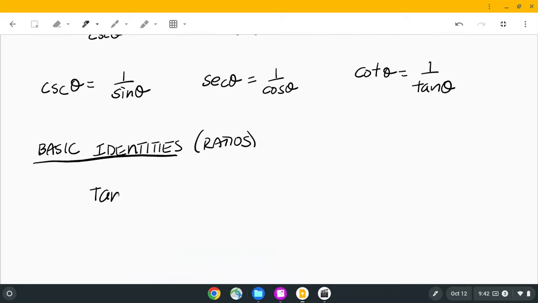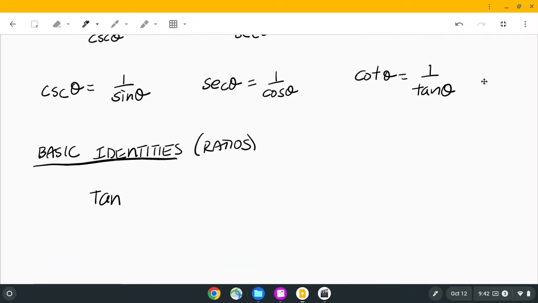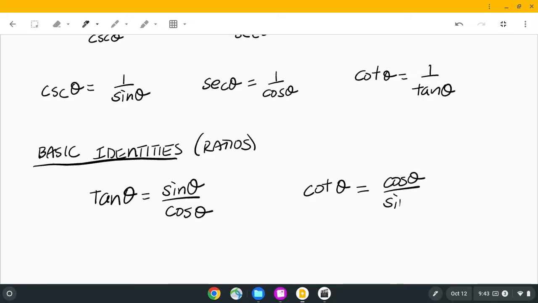Aside from the reciprocal ones, we know tangent is 1 over cotangent, but we also know that tangent is sine over cosine. And since cotangent is the reciprocal of tangent, cotangent is also equivalent to cosine over sine.